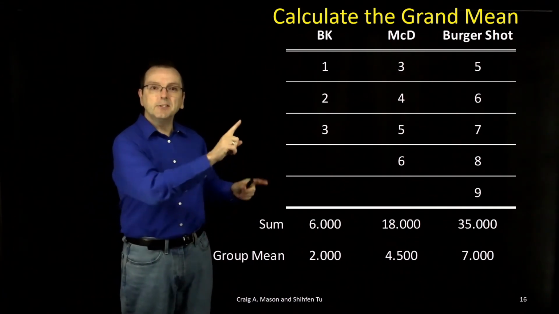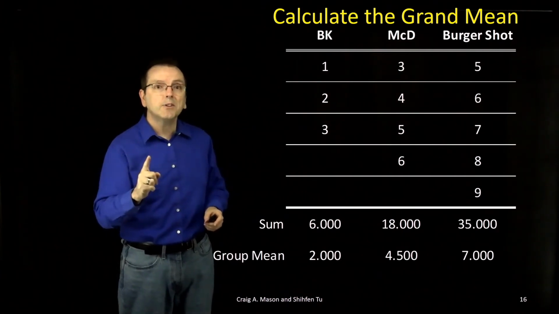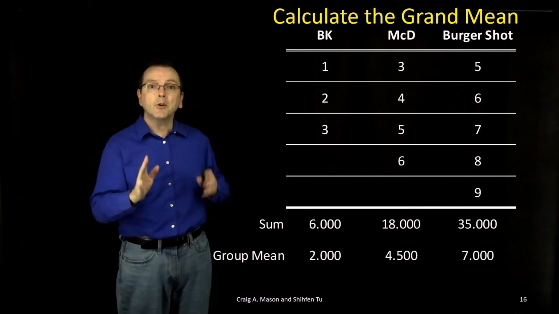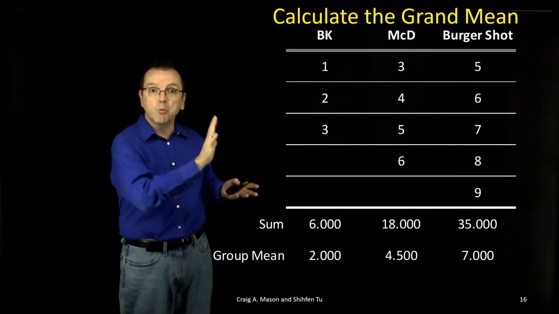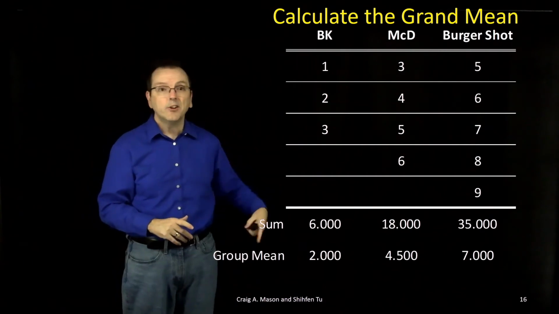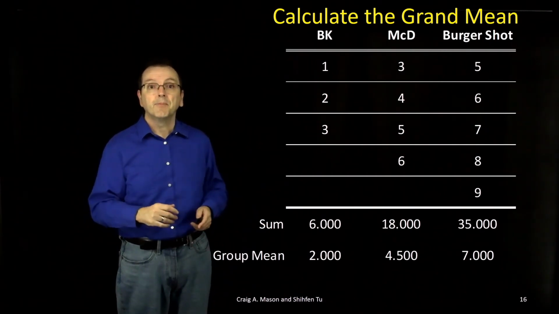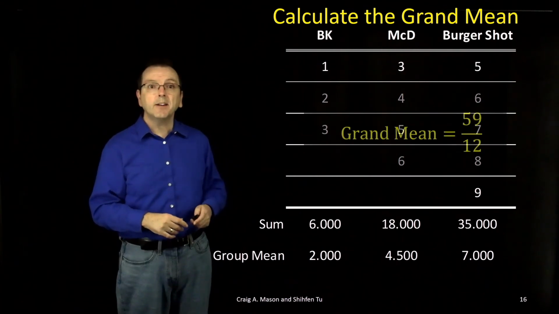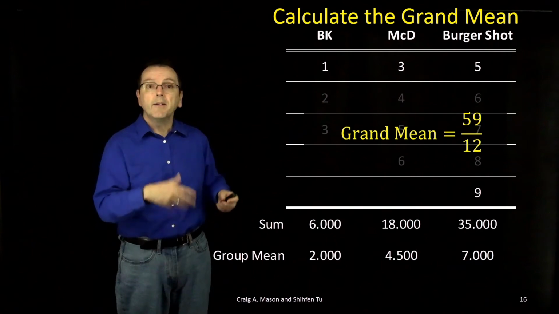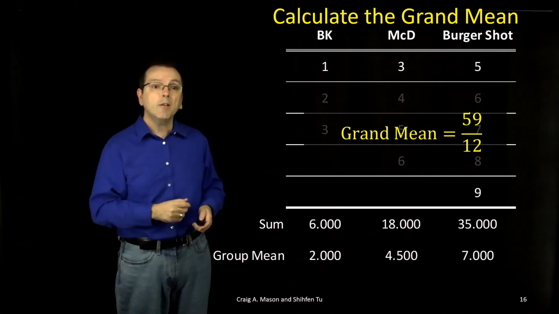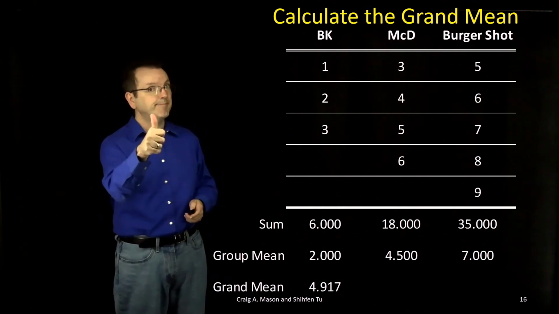Now, because our sample sizes are not equal, we need to be careful to actually calculate the grand mean based on the 12 original raw scores, and don't just take the average of the 3 group means. If we do that, we find that the grand mean across all 12 scores is equal to 59 divided by 12, or 4.917. All right.